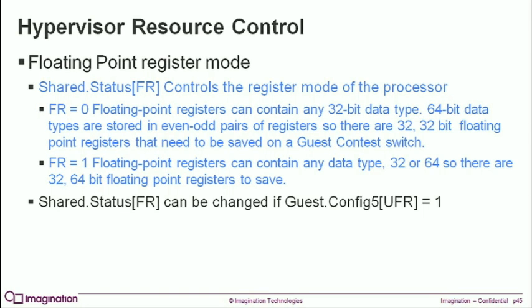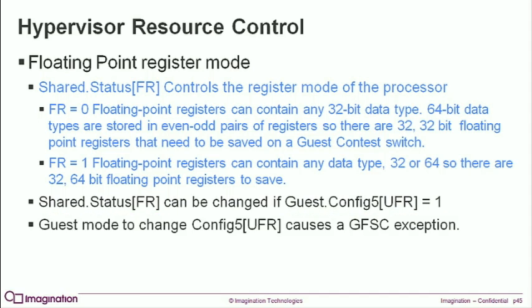The ability to change FR in user mode is controlled by the setting of the UFR bit in the config5 register. If this bit is set, then code operating in guest user mode can make a change to the guest status FR field, which is not visible to the hypervisor.